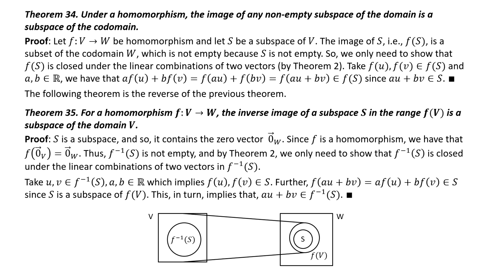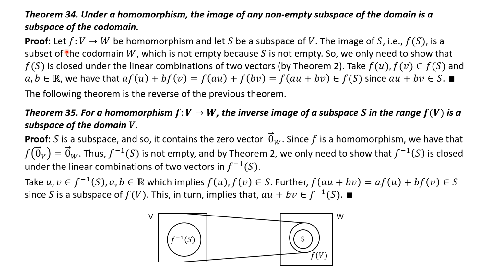We have two related theorems on this slide. Let's look at the first one. Under a homomorphism, the image of any non-empty subspace of the domain is a subspace of the codomain. So that's saying that homomorphisms map subspaces to subspaces.